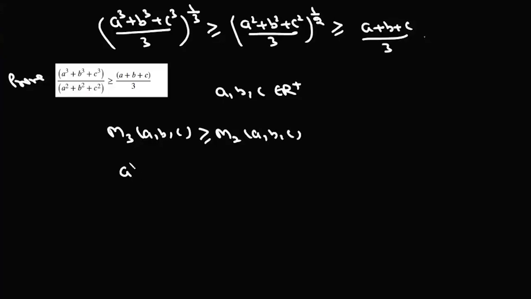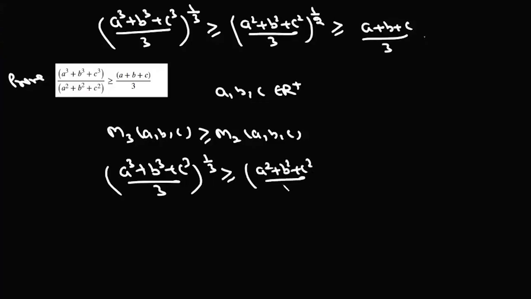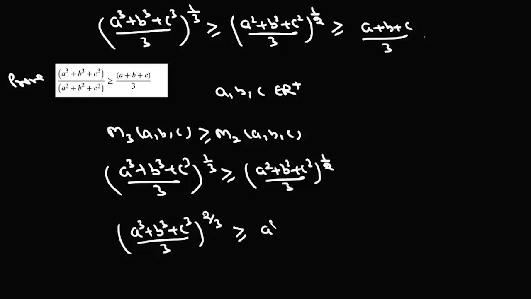So we can write a cube plus b cube plus c cube upon 3, to the power 1 by 3, is greater than or equal to a square plus b square plus c square upon 3, to the power 1 by 2. Now if we take square both sides, then we can write a cube plus b cube plus c cube upon 3, to the power 2 by 3, will be greater than or equal to a square plus b square plus c square upon 3. So that's our first inequality relationship.